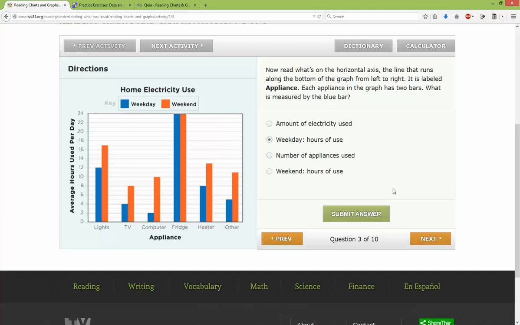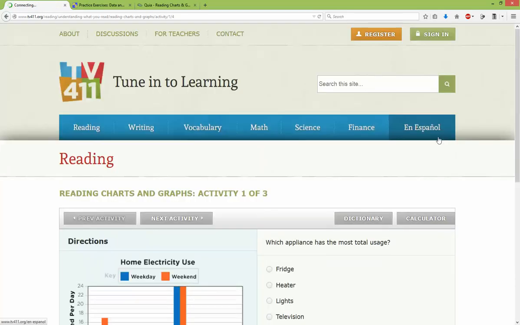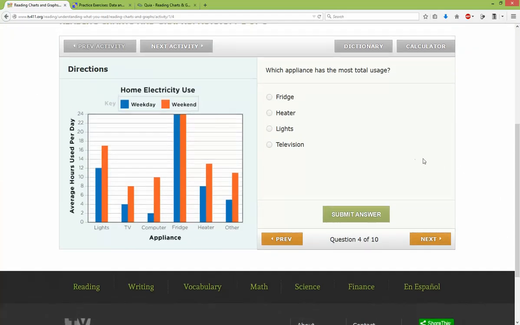Excellent. Which appliance was the fridge? Sorry, again, I disagree with the way this question has been phrased. It's also the TV.